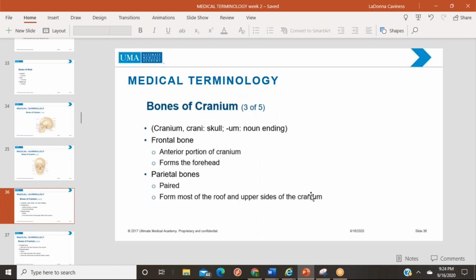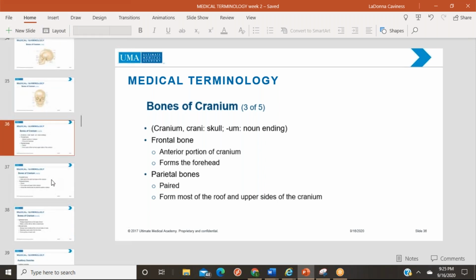So you have the frontal bone. It consists of the anterior portion of the cranium and forms the forehead. Then you have the parietal bones, which are paired and form most of the roof and upper sides of the cranium.